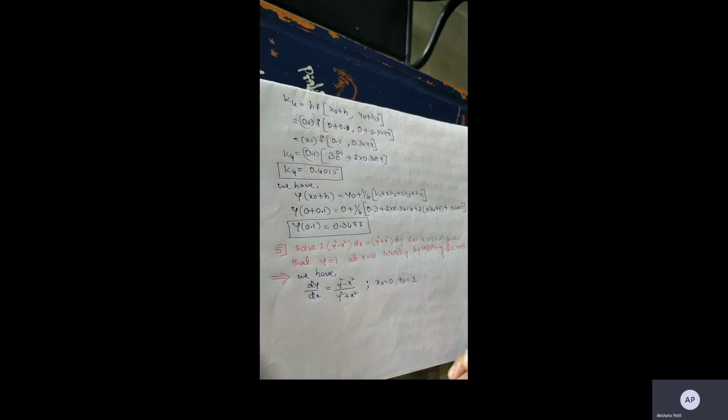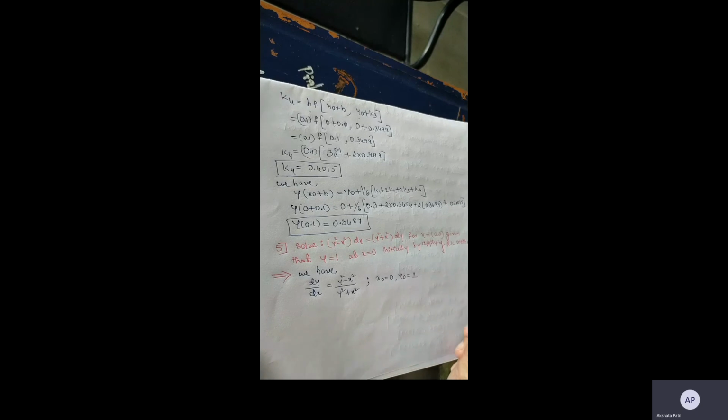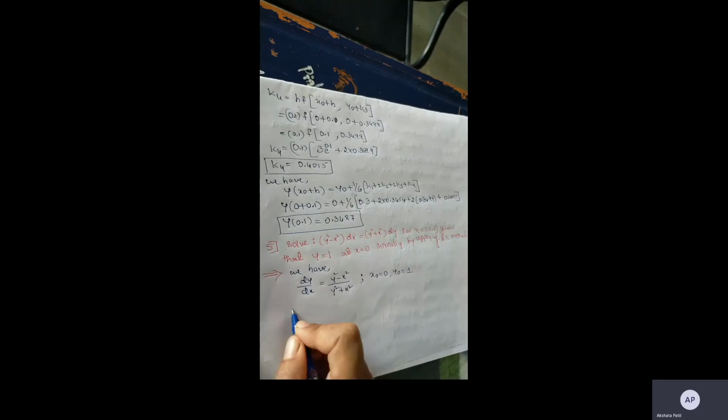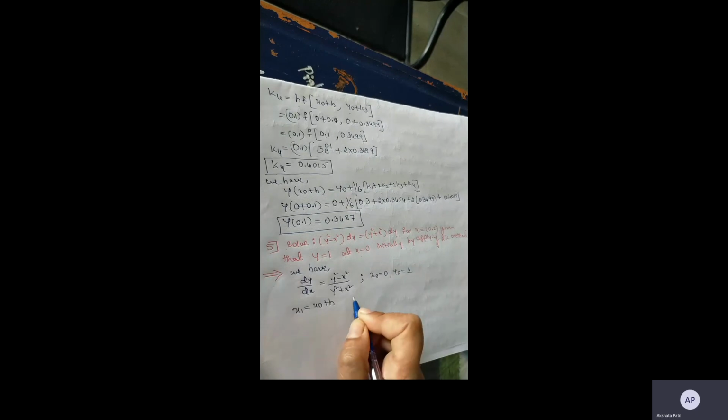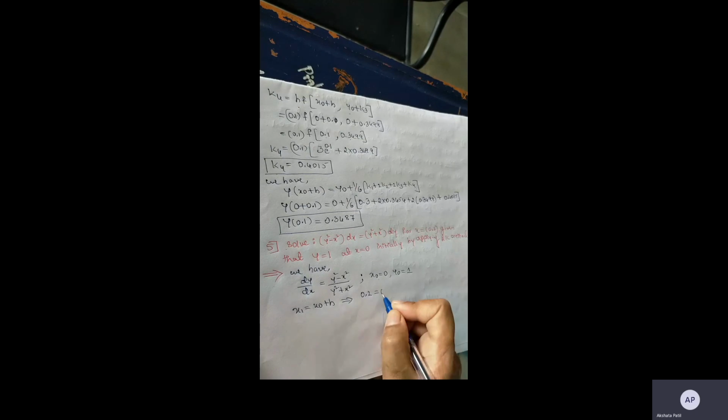The h value they have not mentioned, which we need to calculate using the formula x1 equals x0 plus h. So x1 is 0.2, which equals x0, which is 0, plus h. It means the h value is 0.2.